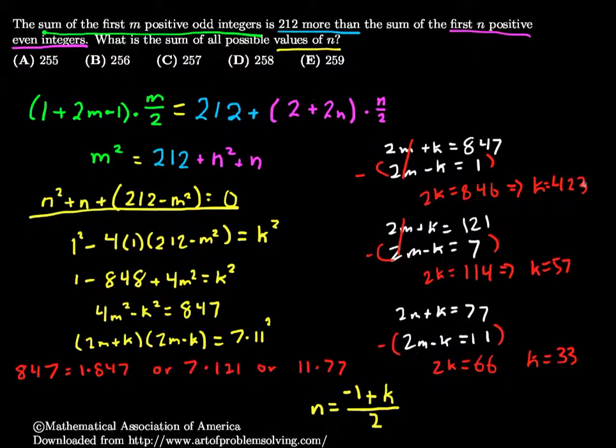Put in 423, negative 1 plus 423 is 422, divided by 2 gives me 211, or put in 57, we get 56 divided by 2, which gives me 28. And negative 1 plus 33 gives me 32, divided by 2 is 16. And we add those three together, and I get 255, which is the sum of all possible values of n, so the answer is A.